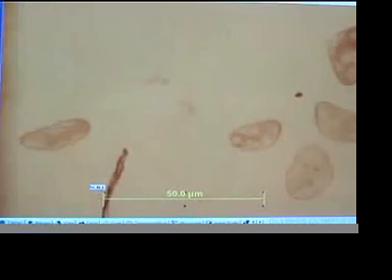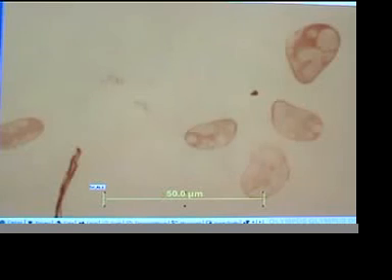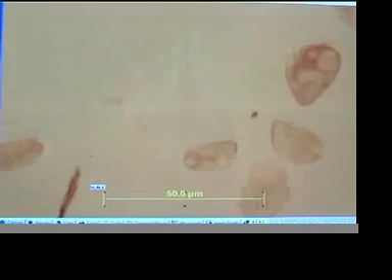Okay, now I'm going to go across the grid slide. I ran the experiment for about an hour and a half, maybe an hour and 40 minutes, and show you some effects here. 9A, 9B. Lots of them dead, misshapen. 9C.